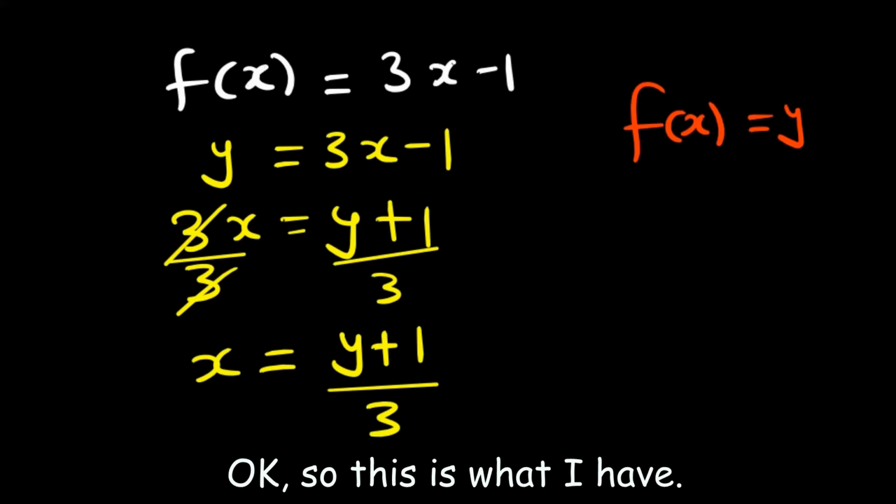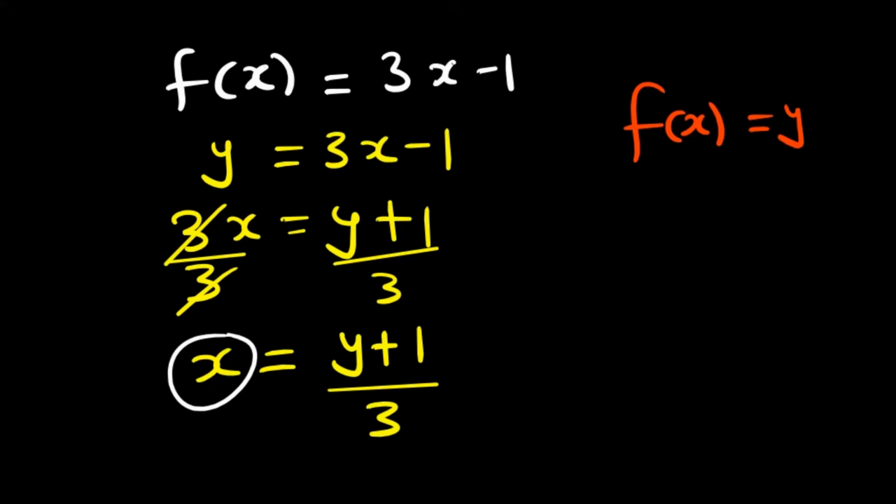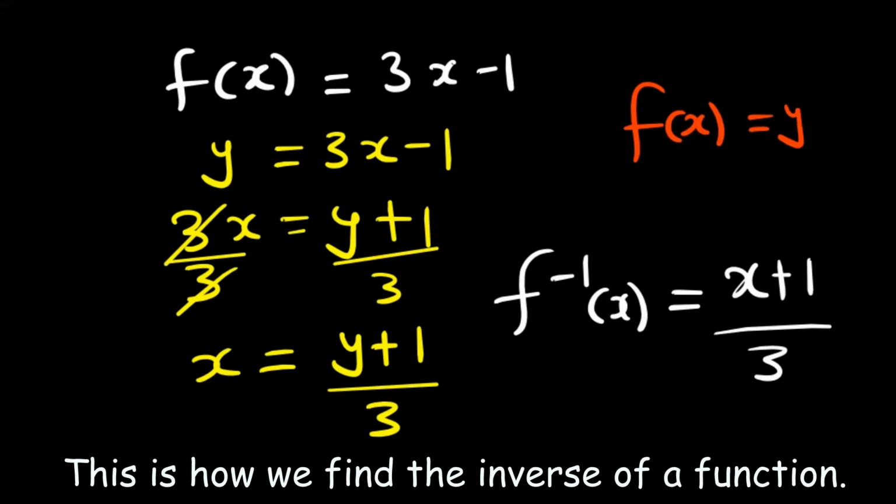Okay, so this is what I have. Now where there is y, I'll put x. Then where there is x, I'm going to put the inverse function. So f inverse of x is equal to x plus 1 over 3. This is how we find the inverse of a function.